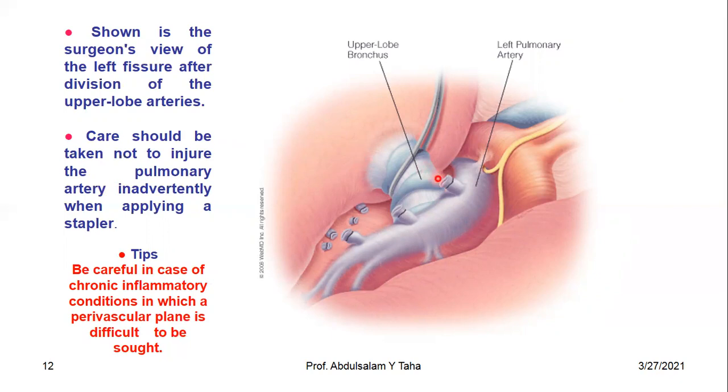So this is the anterior segmental artery, this is the apico-posterior segmental artery, and this is the lingular segmental artery, and this is the left upper lobe bronchus, which should be divided and sutured or stapled in order to complete the steps of the left upper lobectomy. So be careful in case of chronic inflammatory conditions in which a perivascular plane is difficult to be sought.